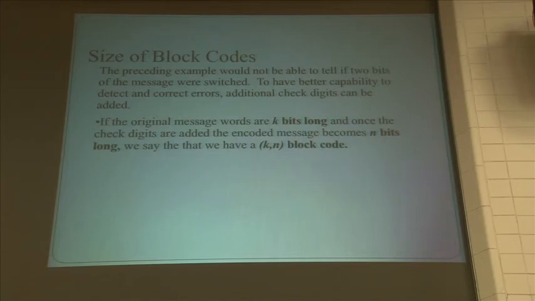If you have an original message, and the message is k bits long, you have so much data, k bits. Once you add your check digits to each of these chunks of code, you get a new length. It's now n bits long. You add check digits at the end of each of your words, so essentially your message becomes longer than it originally was, digitally. That means you have a (k, n) block code. There were originally k bits of data.